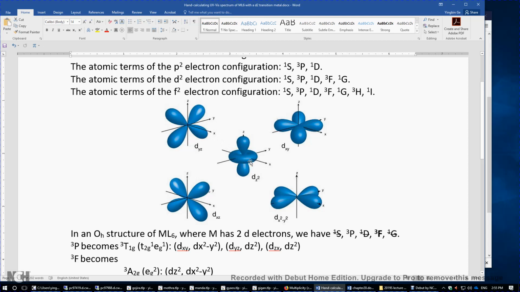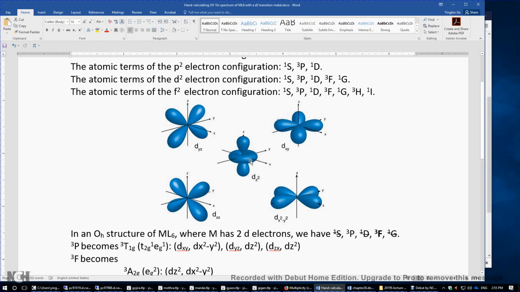And then how can we reduce B? It's very simple. If somehow we can delocalize these two d electrons to the surrounding ligands, then we'll observe less electron repulsion between these two d electrons, one occupying this orbital, the other occupying this dz squared orbital.